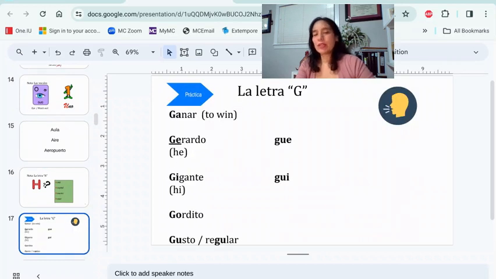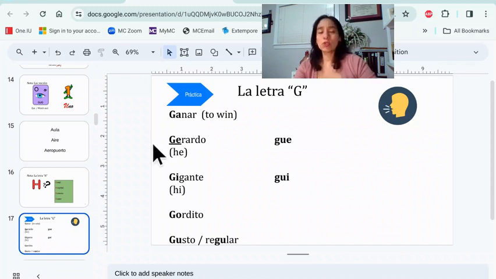I also wanted to point out that in the case of la letra G en español, when you have it in combination with la letra A, like in the word ganar, you're going to get that G sound. Ganar means to win, and is one of the verbs you're learning in this unit. Ganar.